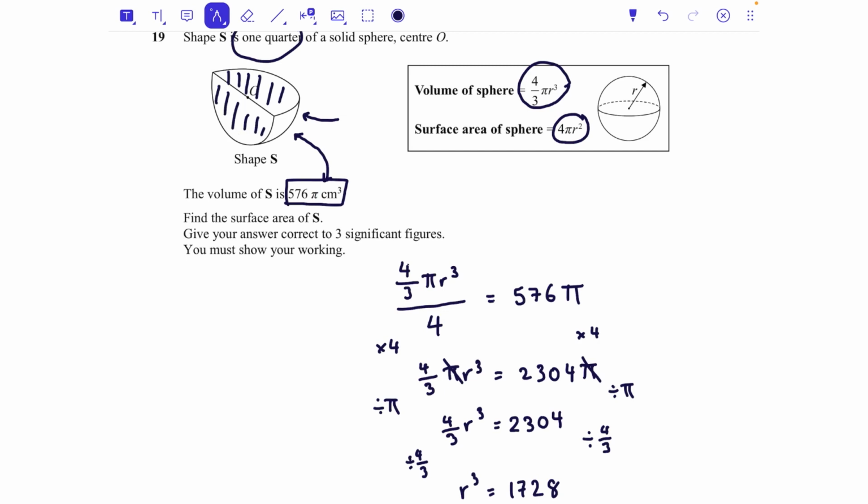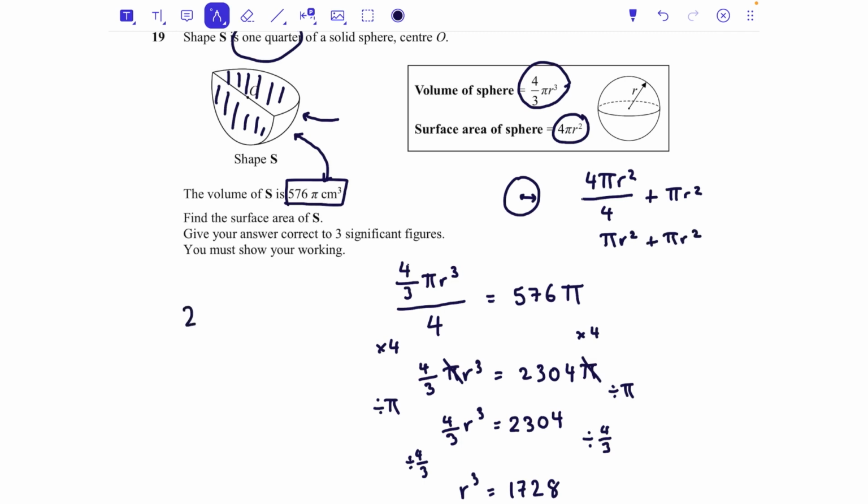So that circle would have an area of pi r squared. A normal circle, if we want to know the area of it, we would do pi r squared. So I'm going to do 4 pi r squared for the area of the outside, the curved part, divided by 4, and then we're going to add on another pi r squared. But 4 pi r squared divided by 4 is pi r squared, and then we're adding on another pi r squared.